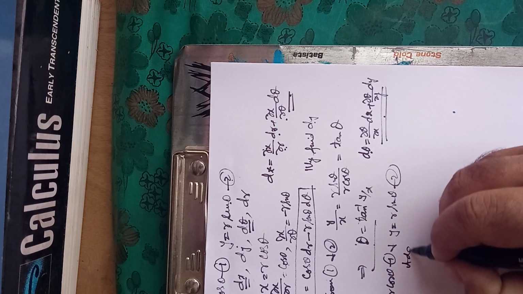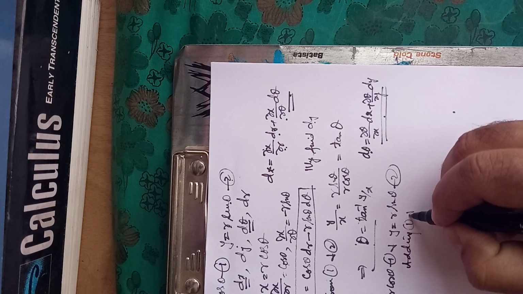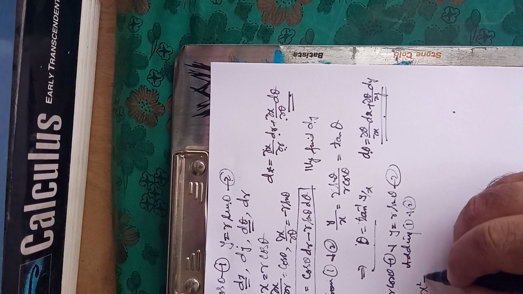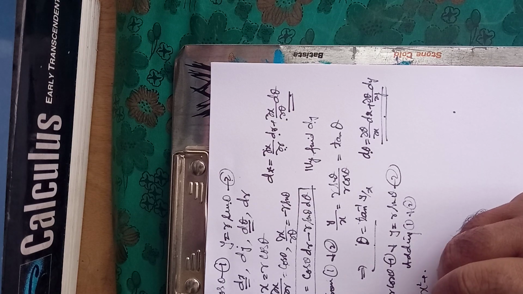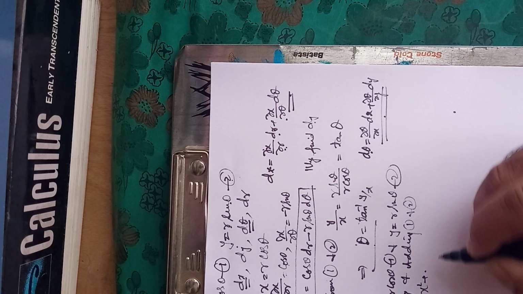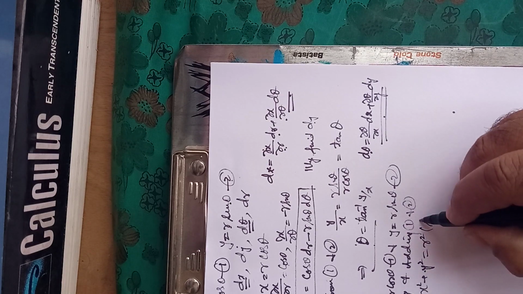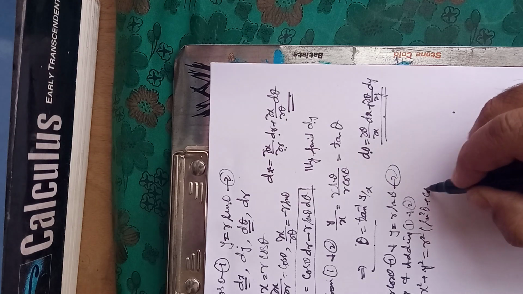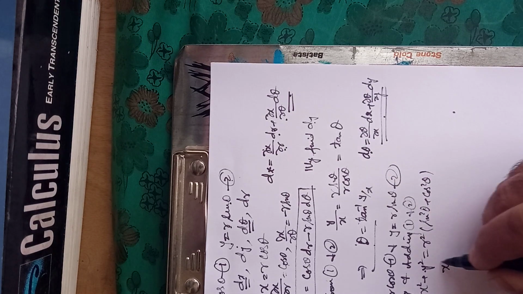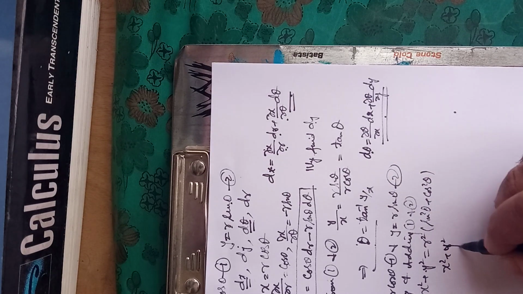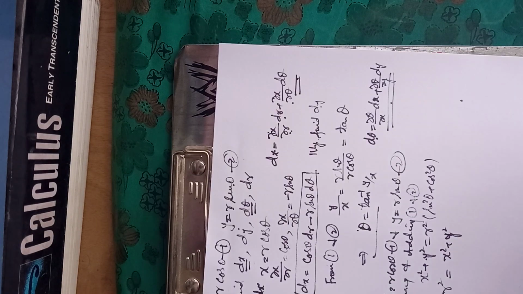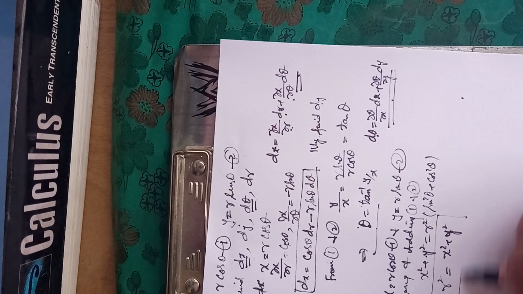Squaring and adding 1 and 2, I will get x square plus y square equal to r square, since sin square theta plus cos square theta is 1. So x square plus y square is equal to r square. So r is a function of x and y.